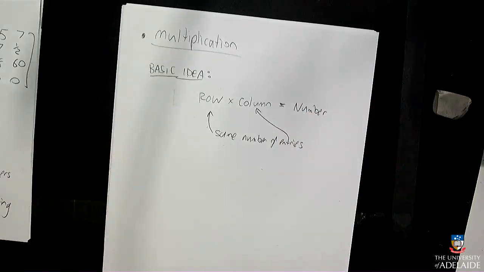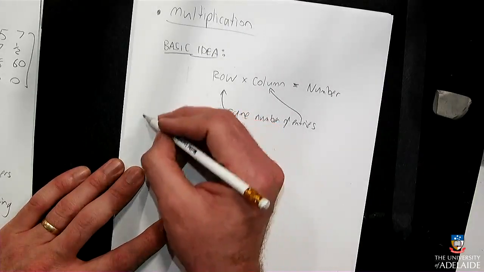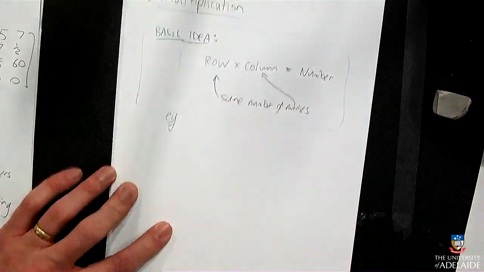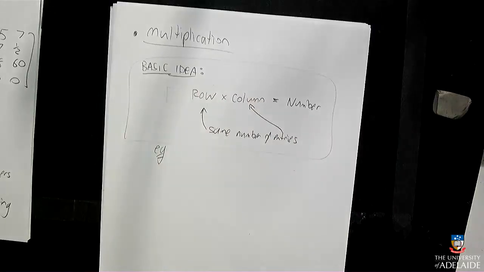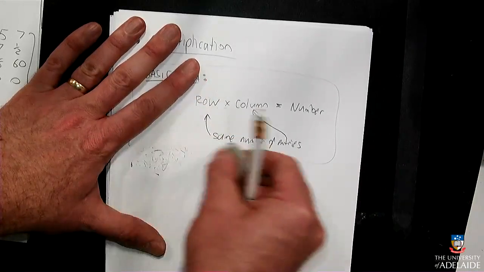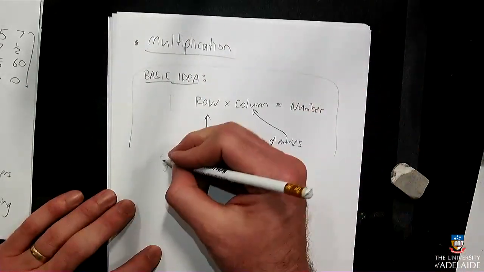Okay, so it's easier to see with an example how this is going to work, and bear with me. So the basic idea is this. I haven't told you specifically how this happens, but what you actually do is you multiply the matching entries of the row and the column, and then you add up the answers, and that's what produces the number.